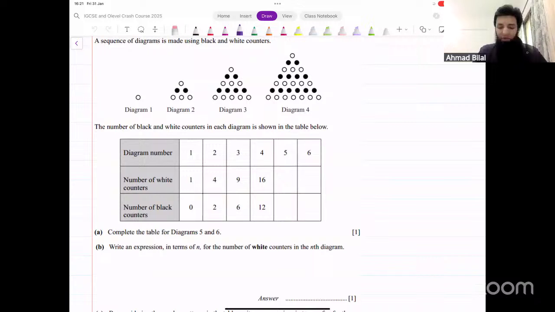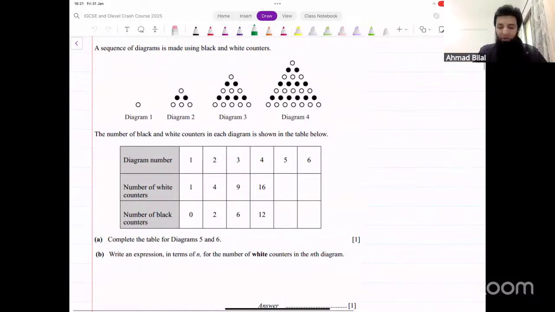This is the first one. It says the number of black and white counters in each of these diagrams is shown in the table below. So you have these 4 diagrams above. These are made using black and white counters. In the first case, for instance, there's one white counter. In the second case, there are 4 white and 2 black counters, and so on.